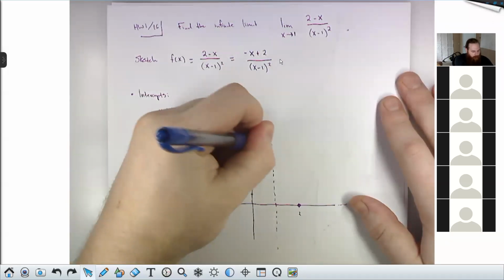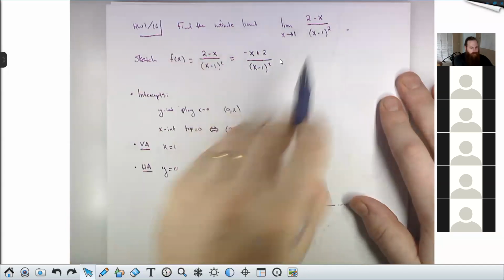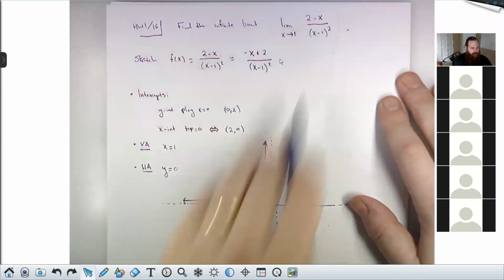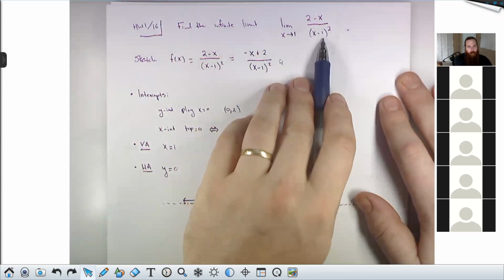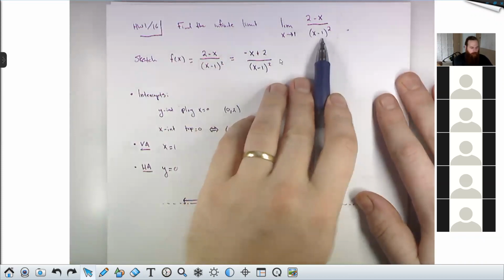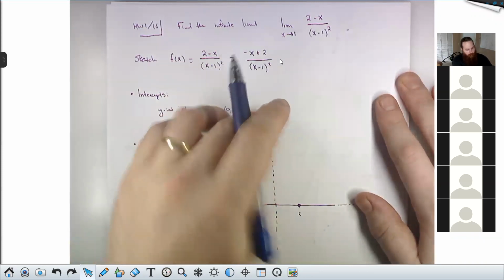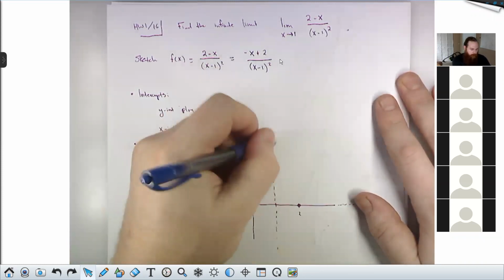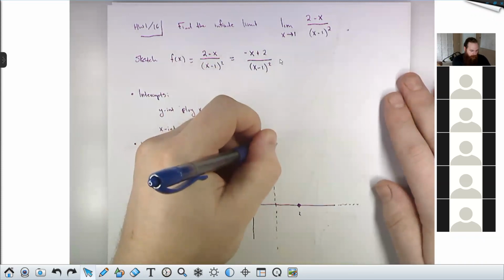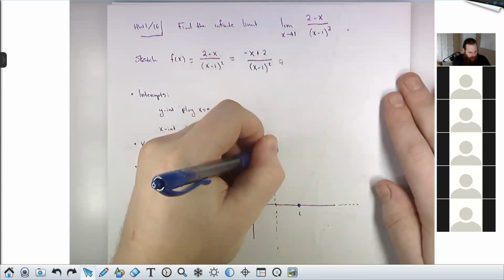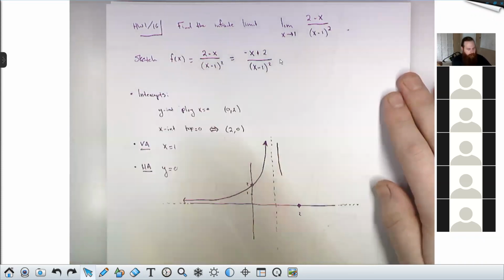And then the way we teach this in pre-calc is that because this VA came from this even multiplicity factor, we don't change sign. If we start positive, we stay positive. So if we leave going up, we return coming up. So we're going to have to do something on this side like this.